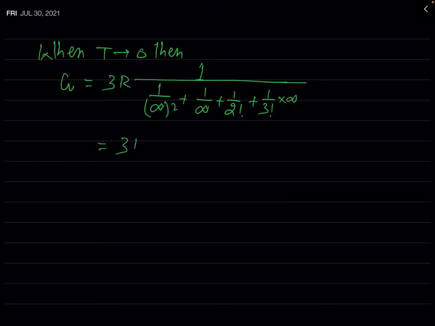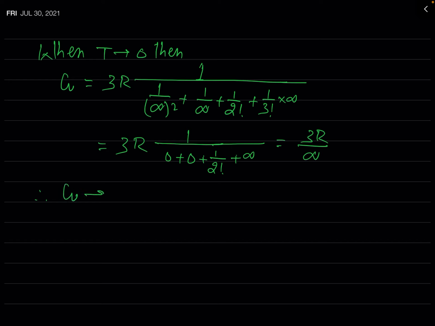So you can see this result is what? This is 3R over, now 1 over infinity, that will be 0, plus 1 over factorial 2 and plus infinity. So this is simply 3R over infinity, and that will be 0.